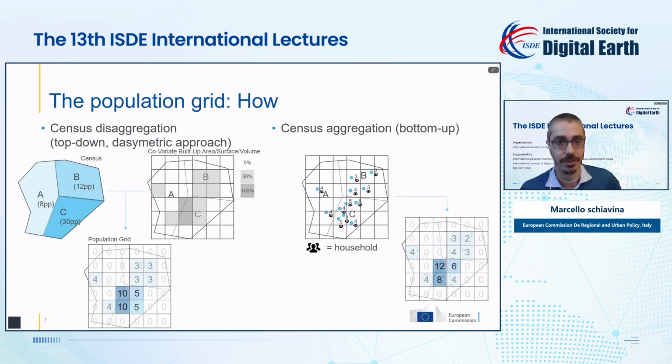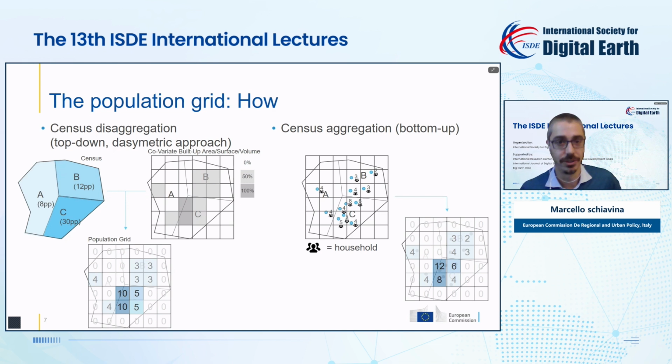Okay, but how is it produced? There are different ways to produce a regular population grid, and most depend on the typology of available data. The most common case is the disaggregation from polygon units into a grid by means of auxiliary layers correlated with population presence. For example, built-up surface or volume, like we do in GHSL, or a more complex layer obtained by machine learning procedure, as WorldPop does.